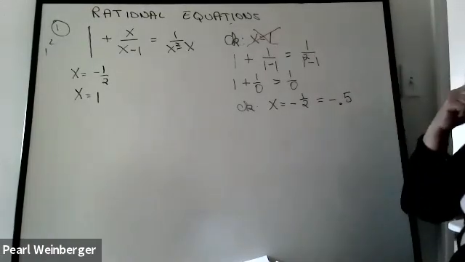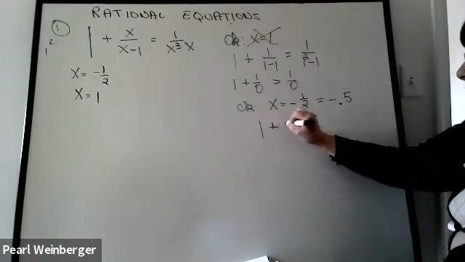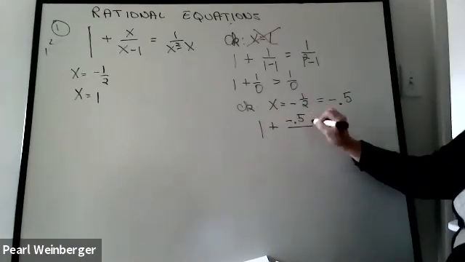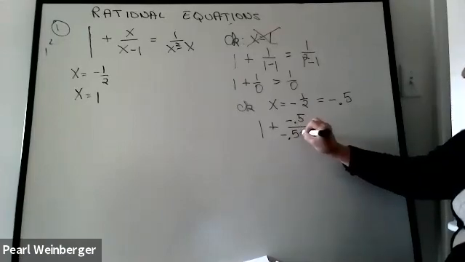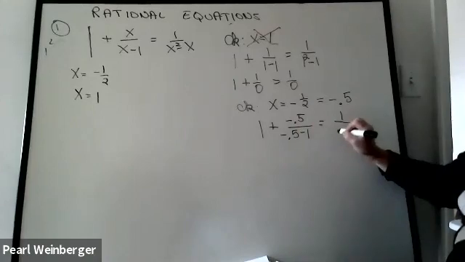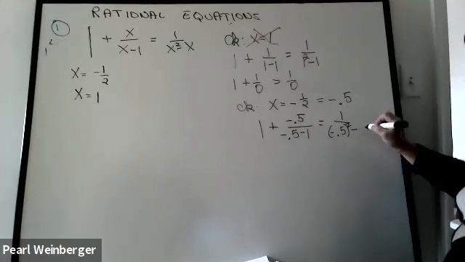What happens when I substitute that in? I'll get 1 plus -0.5 over -0.5 minus 1 equals 1 over -0.5 squared minus -0.5.